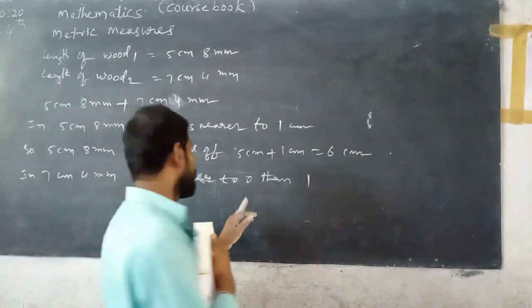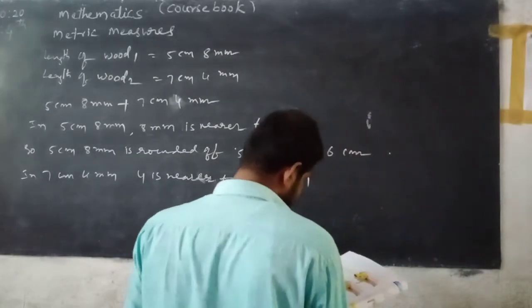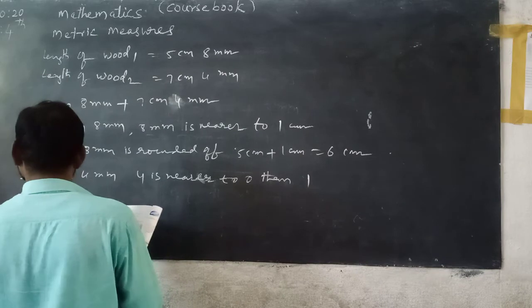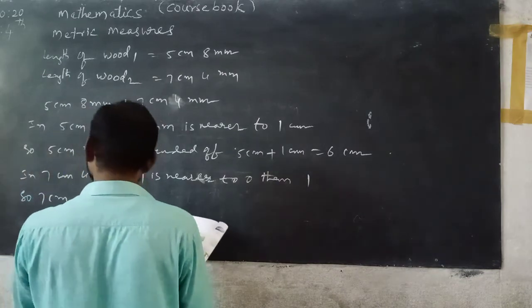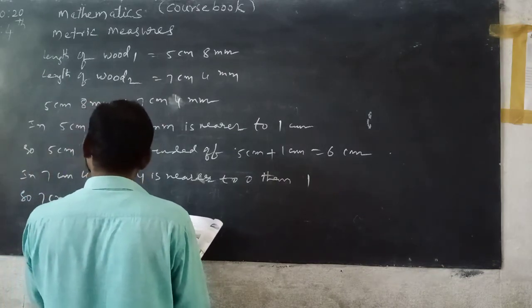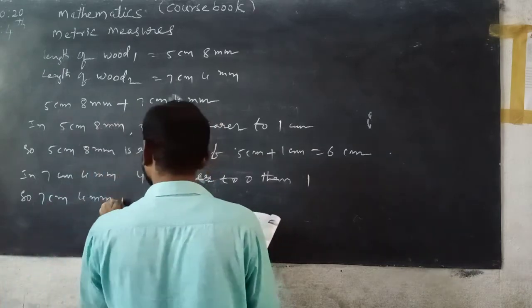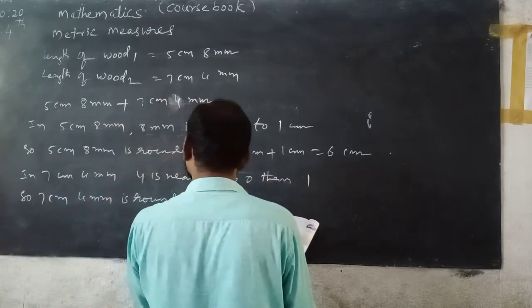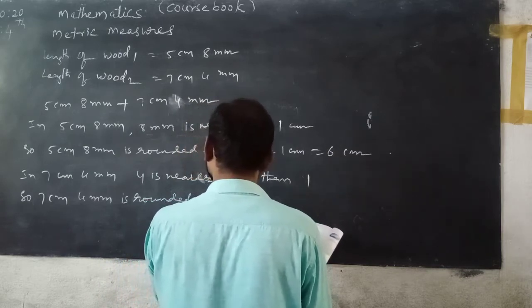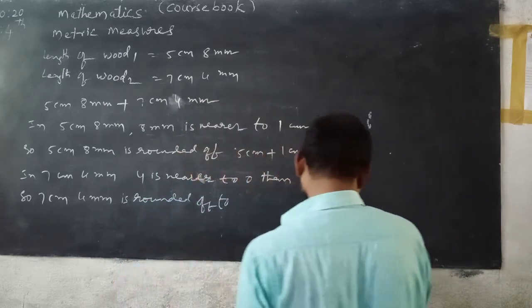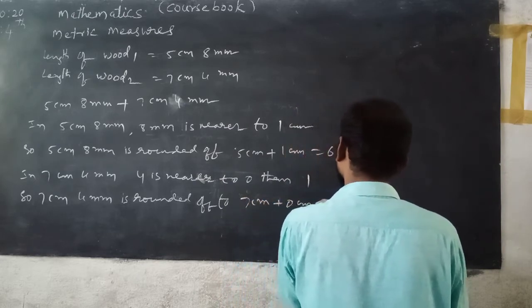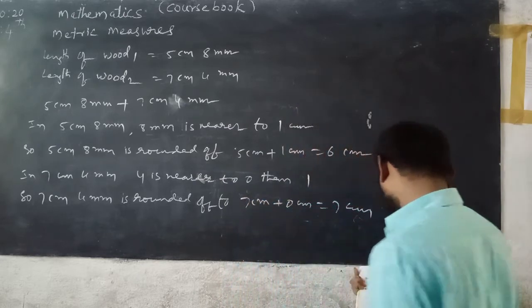Means here it is nearer to 0 than 1. So 7 centimeter 4 millimeter is rounded off to 7 centimeter plus 0 centimeter, you get 7 centimeter.